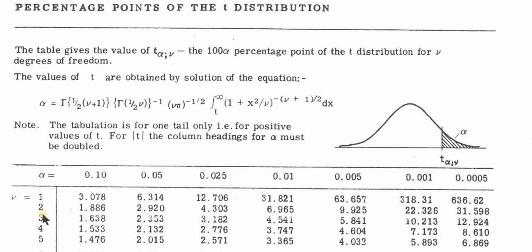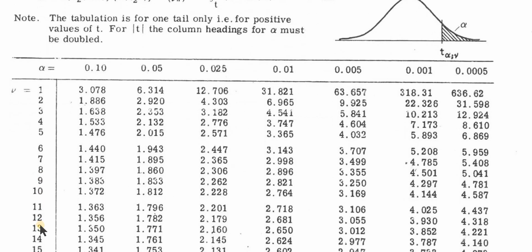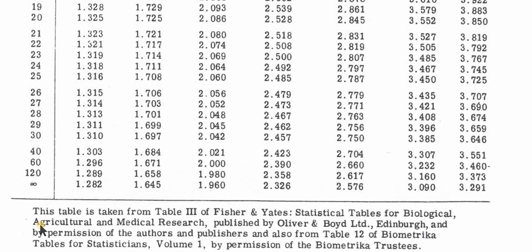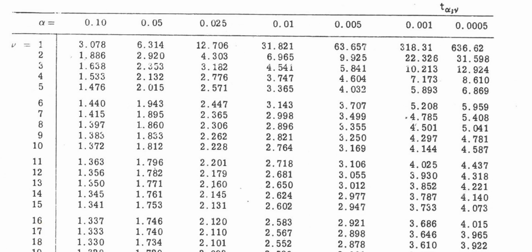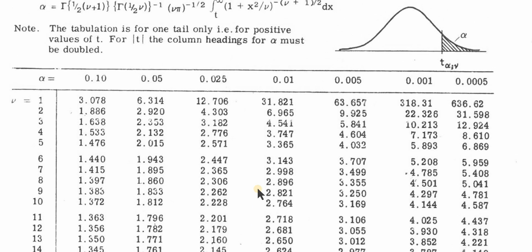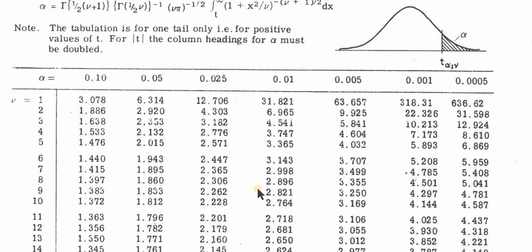Here we have V, which is the degree of freedom, starting from 1 until 120. Inside here is the value of T, similar to the Z distribution, the standard normal distribution, where inside is the Z value. Now it is the T value inside here.